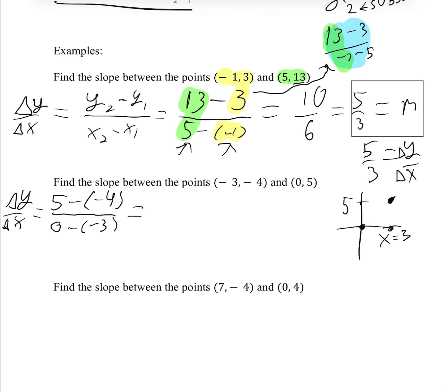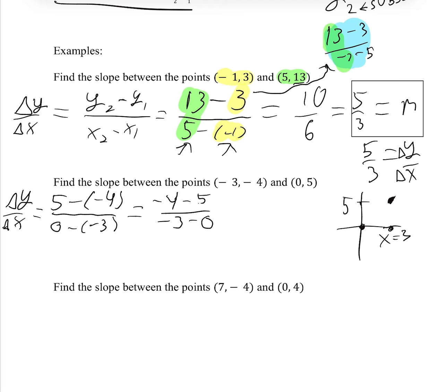What you're allowed to do is flip the order of the numbers in the numerator and the denominator. This could be -4 minus 5 over -3 minus 0. That's allowed.